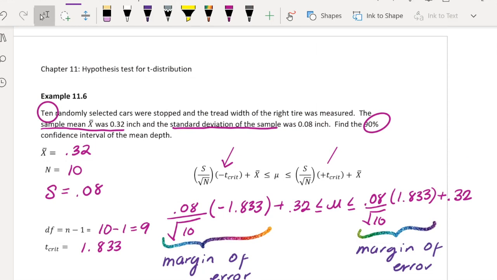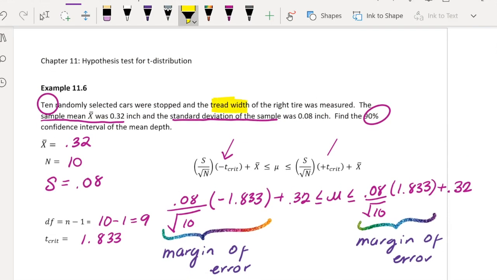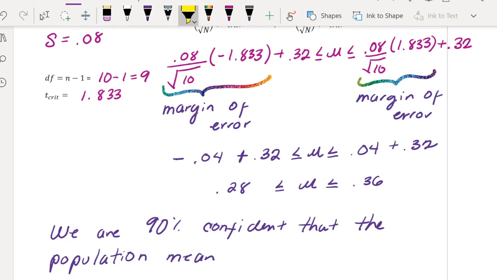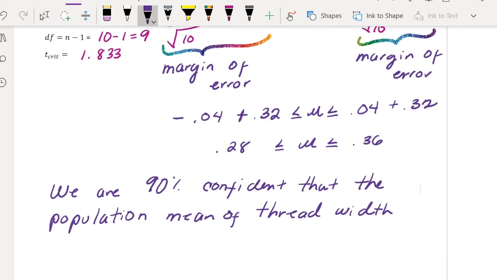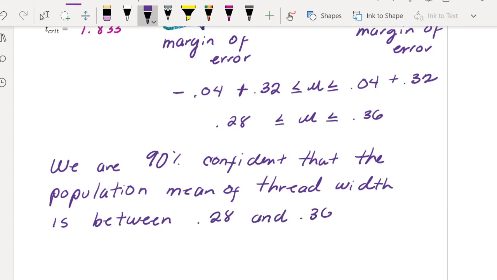The population mean of thread width is between 0.28 and 0.36 inches.